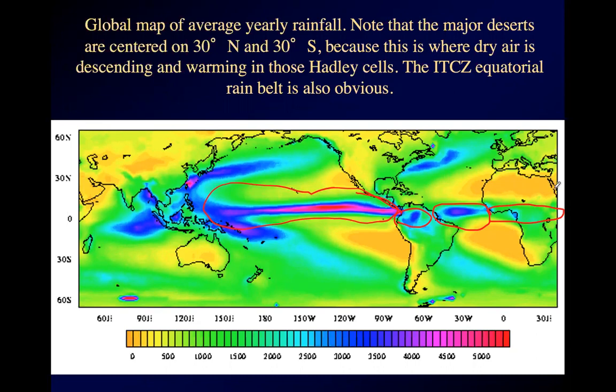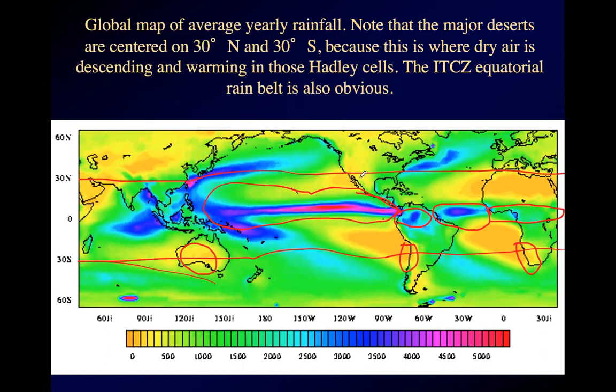And notice something, they're all centered on this 30-degree north line and this 30-degree south line, all right? So that's the Kalahari Desert in southern Africa, the Atacama Desert in northern Chile, the Great Australian Desert in the south.